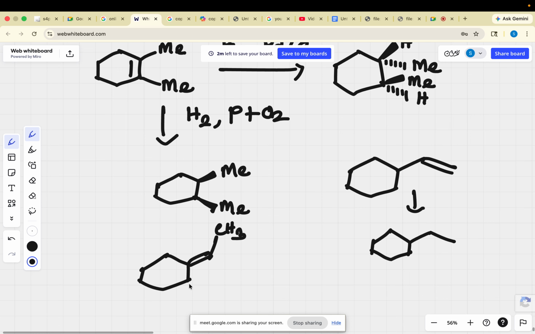That will not take place. Cyclic alkenes means basically the double bond should be part of your ring. It should not be exo, it should be endo. Inside only.